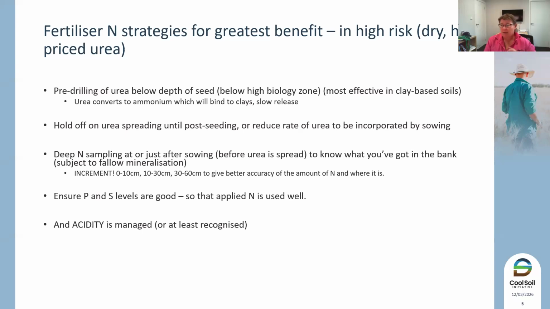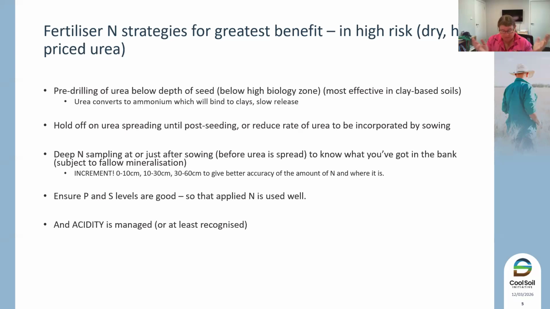So there's been some really good work in southern New South Wales, up around between Rankins Springs and West Wyalong, around pre-drilling urea, or if you've got a second boot on your seeder, placing it deep, getting it below that high biology zone.